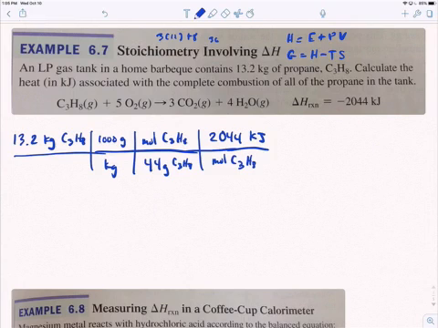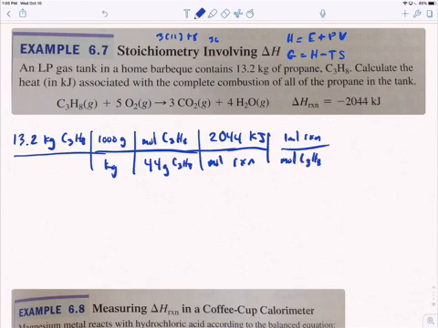I could put mole reaction, and then it's a 1 mole reaction to mole C3H8. You want to do it that way, but like I said before, it's already a 1-to-1 mole ratio, so you don't have to worry about that step.